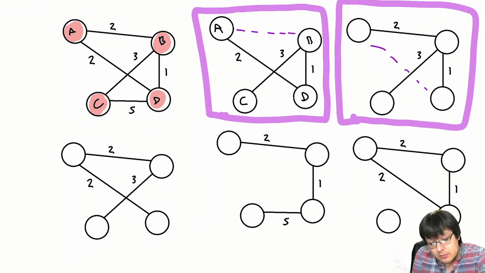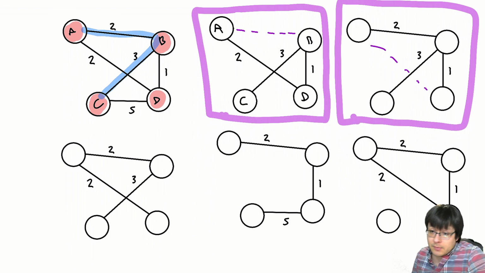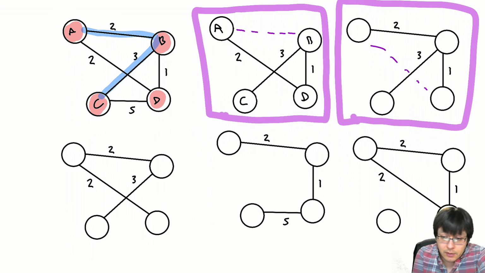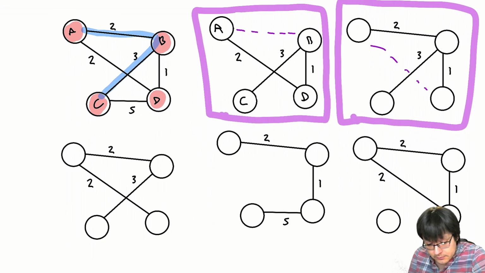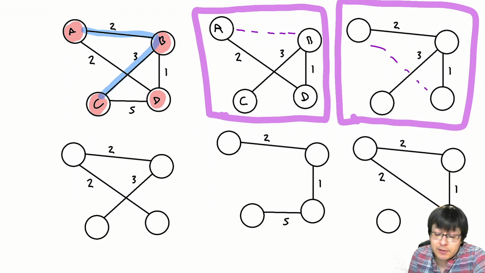One of the most direct ways of sending it would be to go A to B and B to C. And if I was to tell you that that weight is actually the time the signal takes to travel through this network, then you would tell me that it takes 5 seconds, assuming that there's no time in repeating the signal in B to get to C. What other routes could you take?